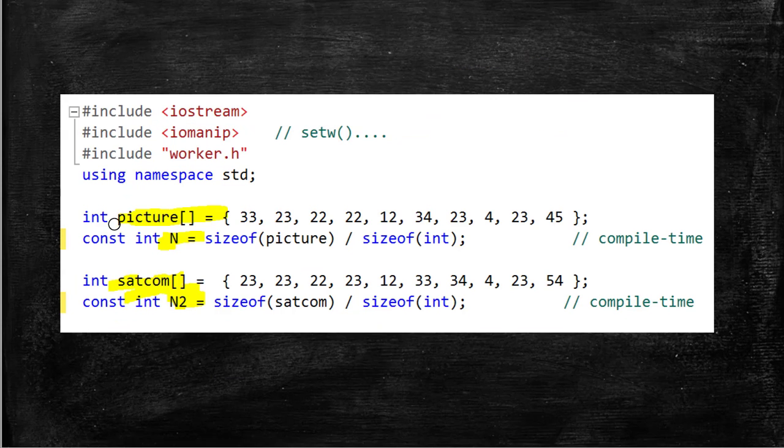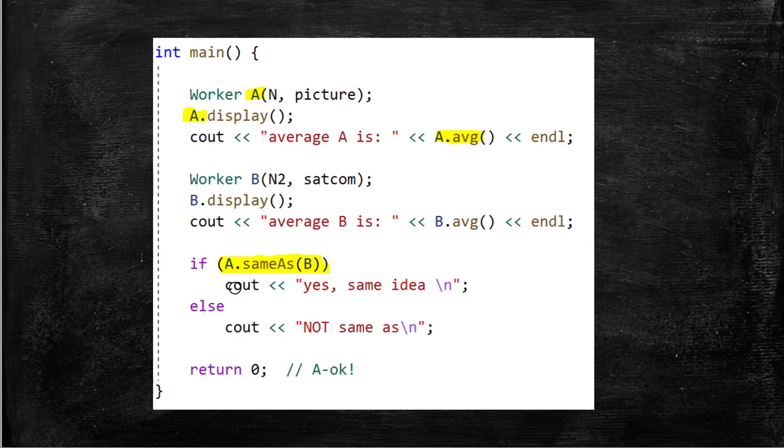Next, someone gives me some data. Here's a picture. I don't know what this is a picture of. Here's a SATCOM communication. I don't know what that is either. I know how big they are. Okay, so I could ask questions now in my main. I could say, worker A, you're going to be the picture.